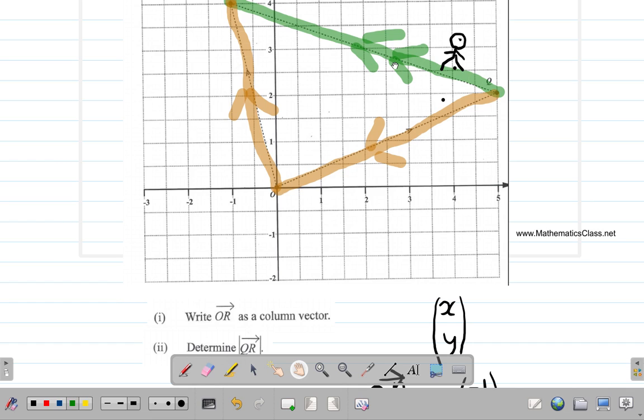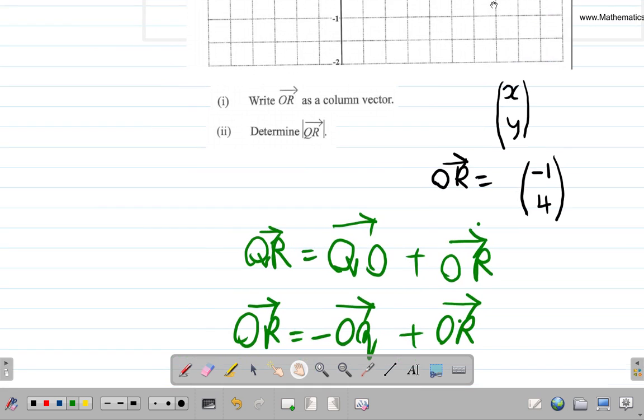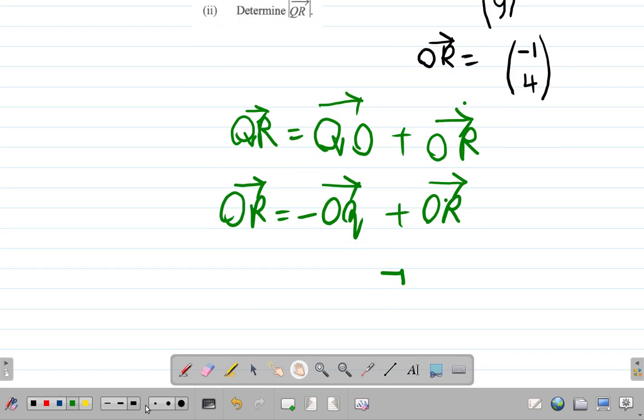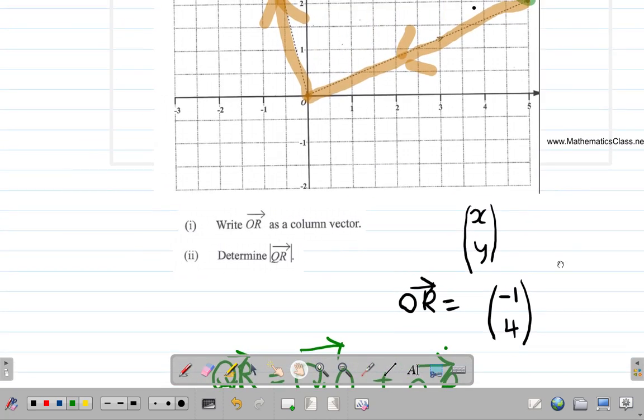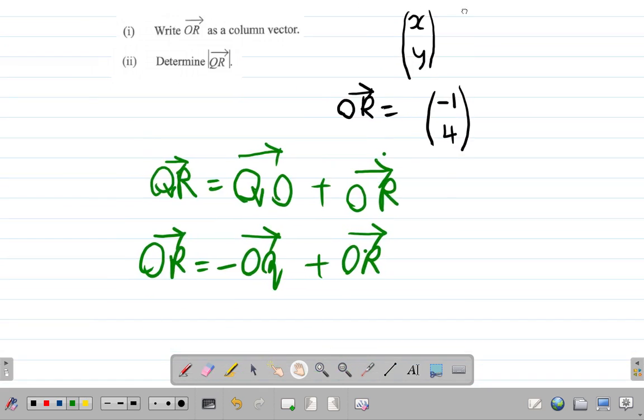Take your own time to work this out. Now, we said before OQ is 5, 2.